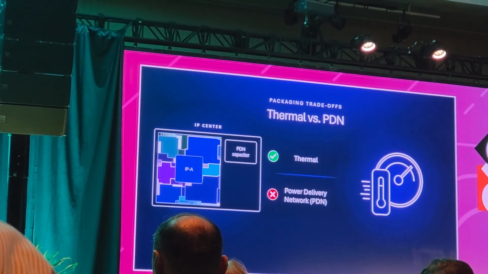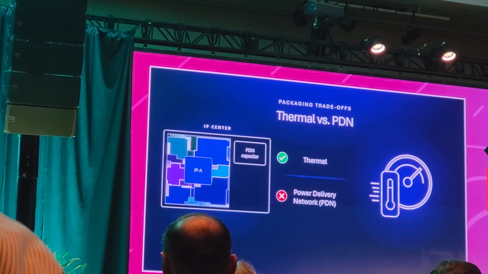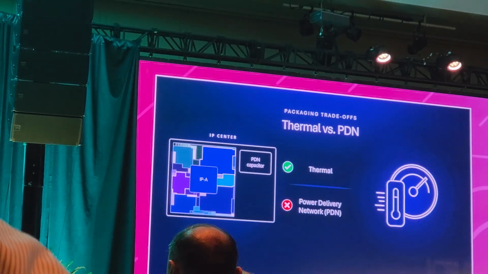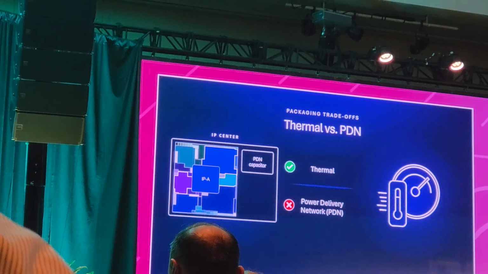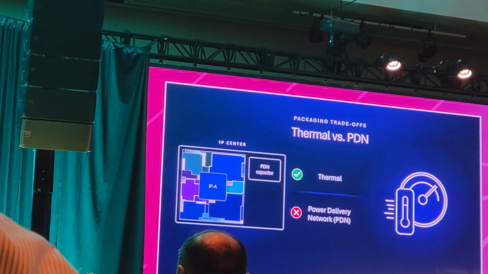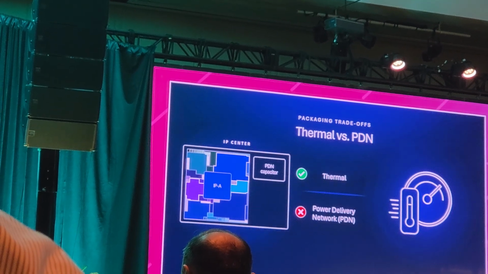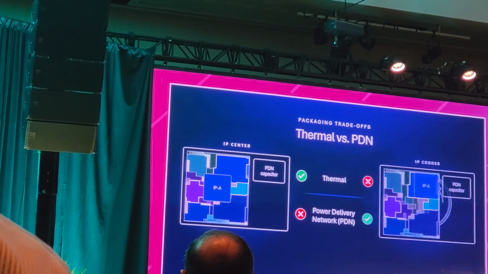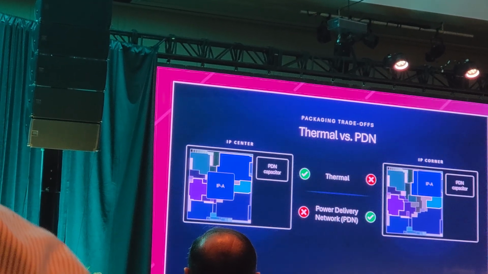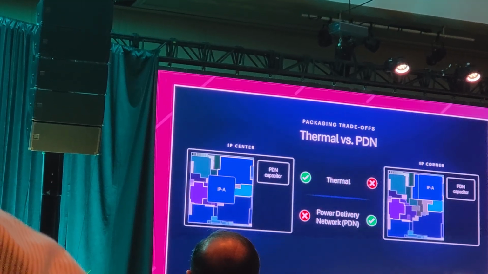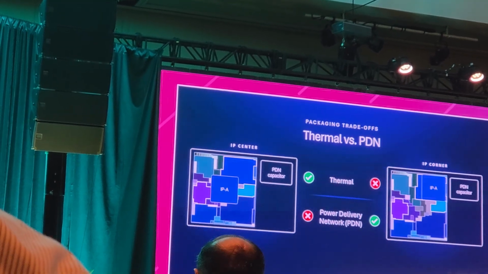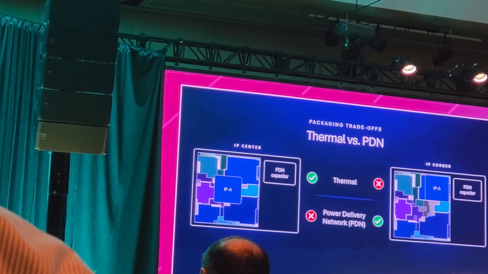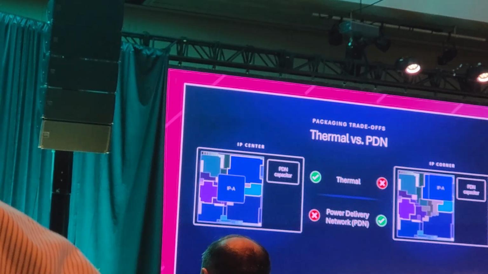However, if you look at the capacitor on the upper right, it's quite a distance from the IP, and that distance basically impacts the PDN performance. If we move the IP closer to the capacitor, then by shortening the electrical path you get improved PDN, but you also get worsened thermal dissipation.